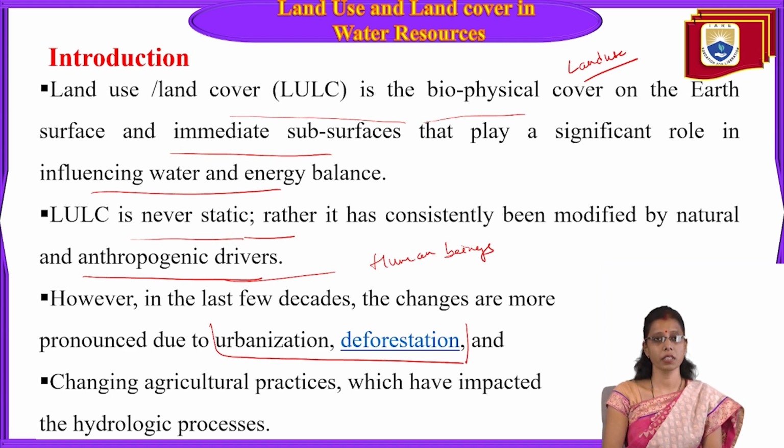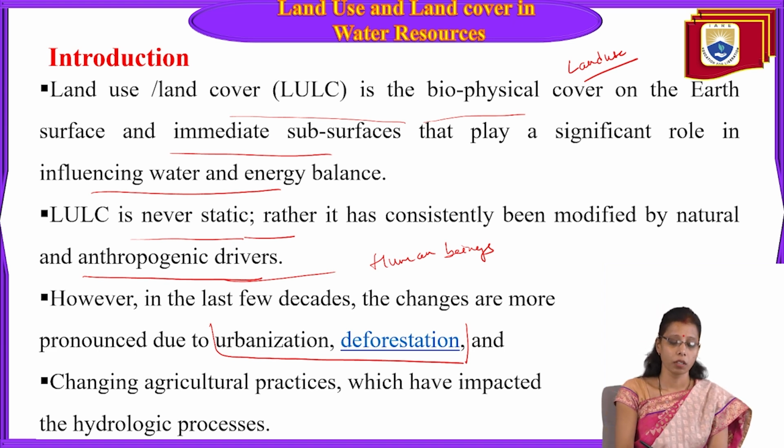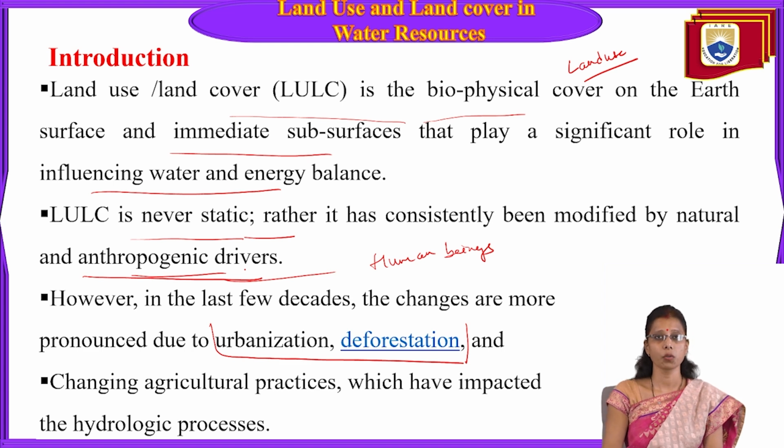Like Hyderabad itself. Before, it was the Municipal Corporation of Hyderabad, but now it is totally converted to GHMC, the Greater Hyderabad Municipal Corporation. The total area of the city has expanded up to the outer ring road. This entire expansion has taken place due to anthropogenic, human activities.